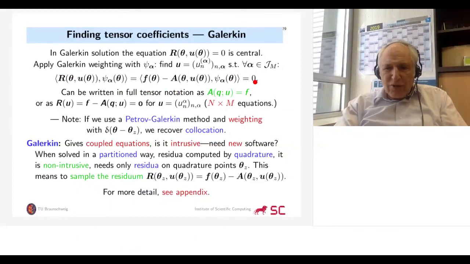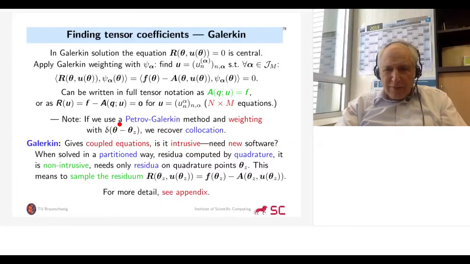We want this to be 0, and this will give us the tensor coefficients. It will give us as many equations as there are coefficients here. I can write it all out in tensors, then this equation looks like this. So it's a huge system of equations. It's n times m equations: n for n nodal values and m for m functions here. And by the way, if you use Petrov-Galerkin weighting with delta functions, then we can recover collocation.